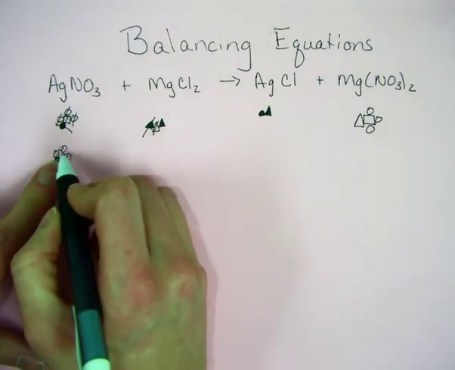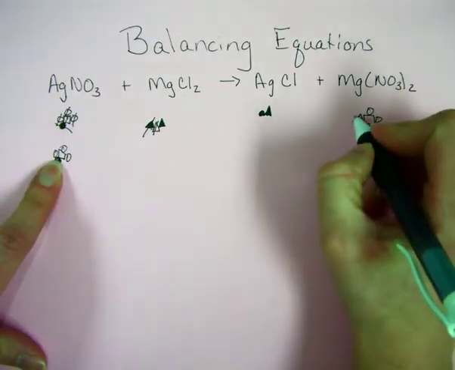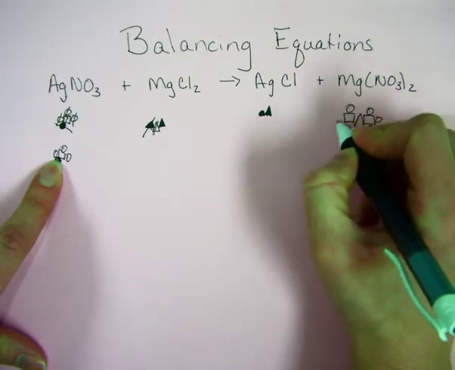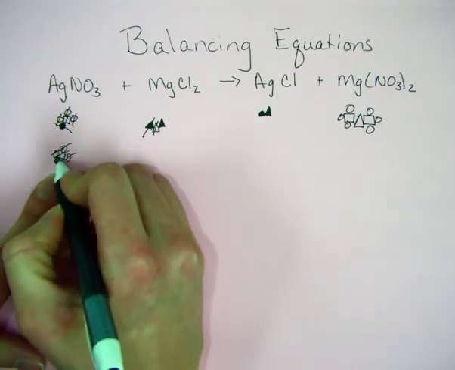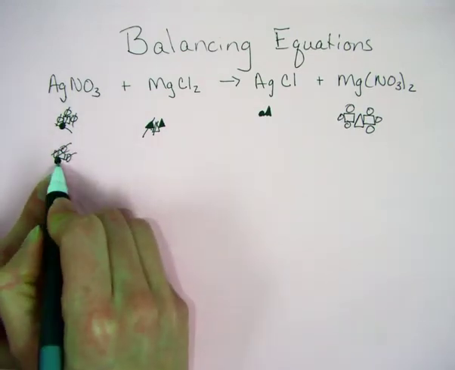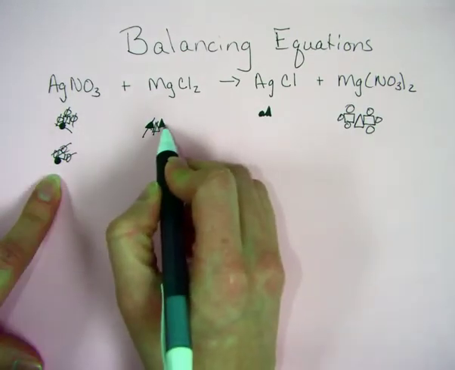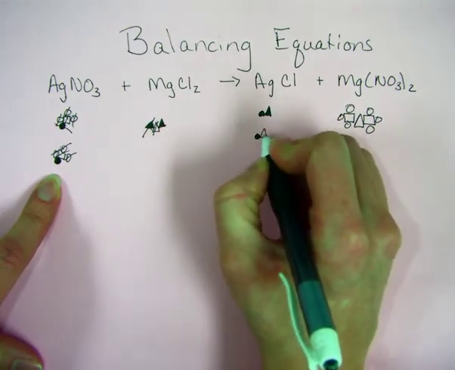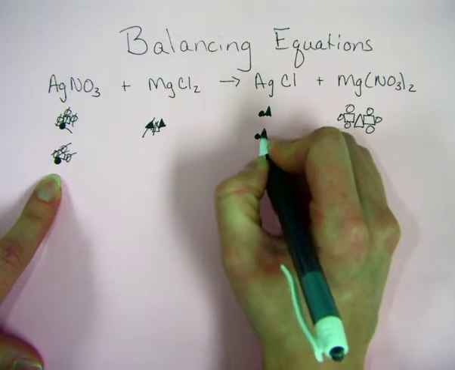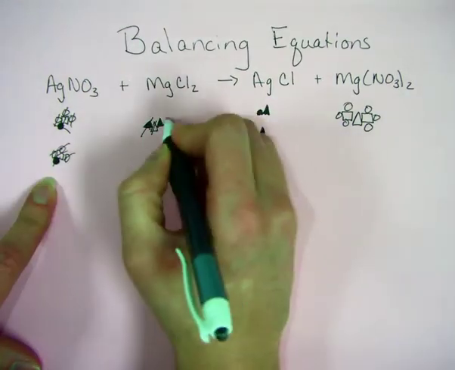Okay, so I can use this NO3 group and I can put it on to this magnesium. So I've used that. And I can use this Ag with this chlorine to make a second AgCl. Use that, and I've used that.